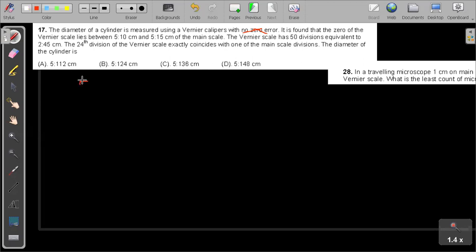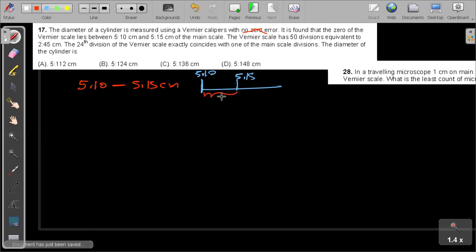Listen to this one very carefully. It is lying between 5.10 and 5.15 centimeter. Okay, that is the least count. The next line is 5.15. The difference of the main scale is always what? Have a good look when you subtract these two.